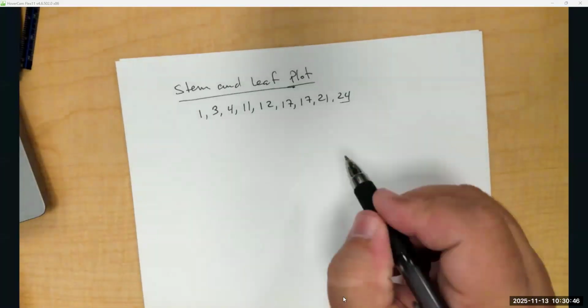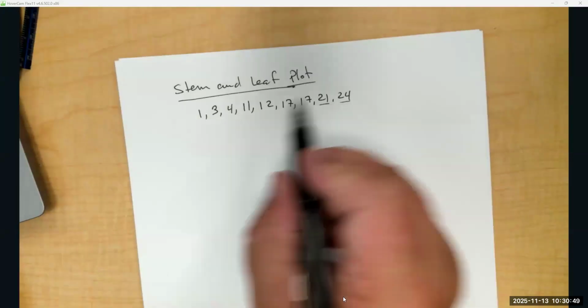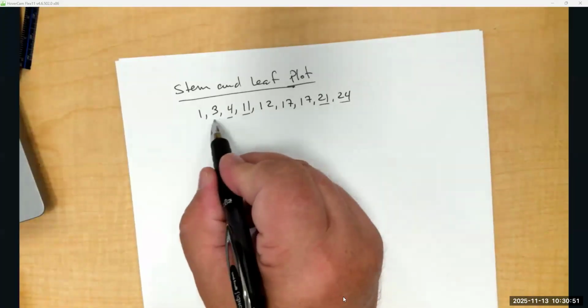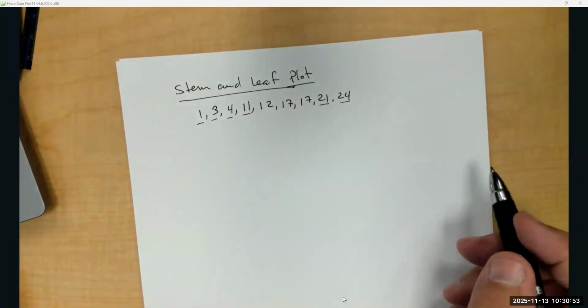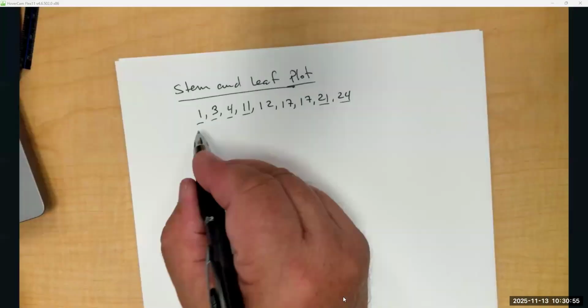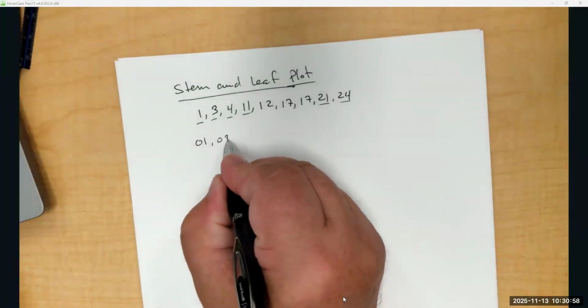In 24, we have two numbers. In 21, we have two numbers. In 11, we have two numbers. What about these guys? How would we write those so it has two numbers?